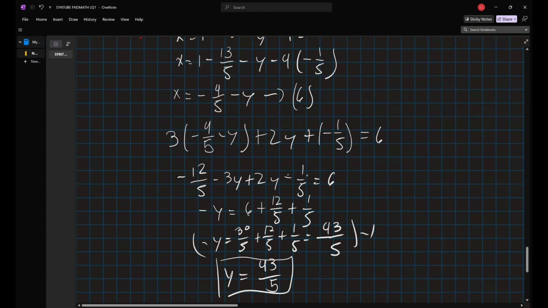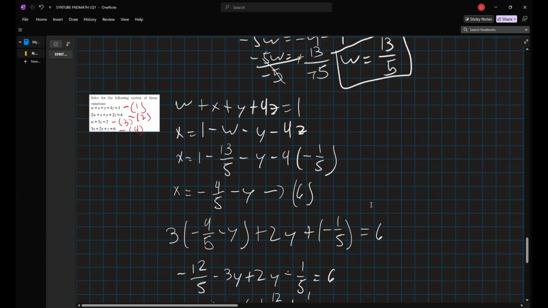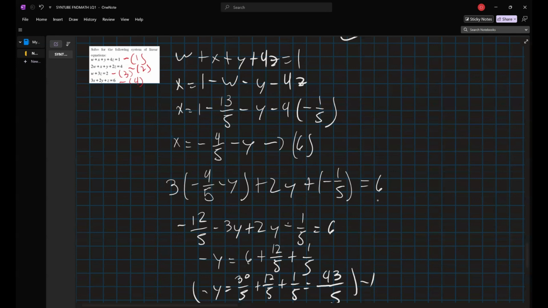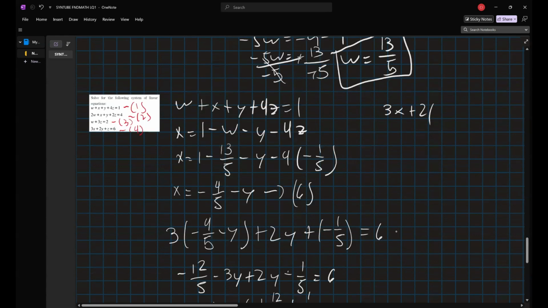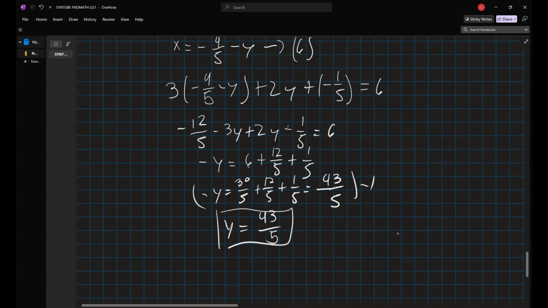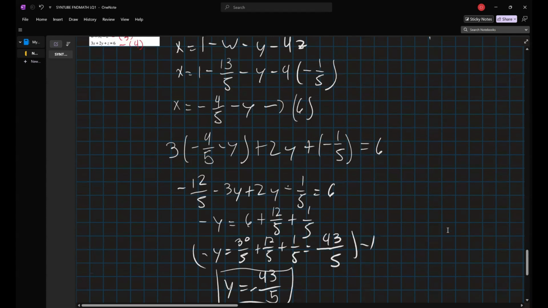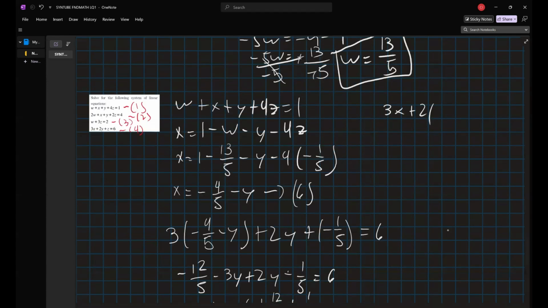Now we substitute this value into the same fourth equation so that we can get the value of x. So we have 3x plus 2 times negative 43/5 minus 1/5 equals 6.